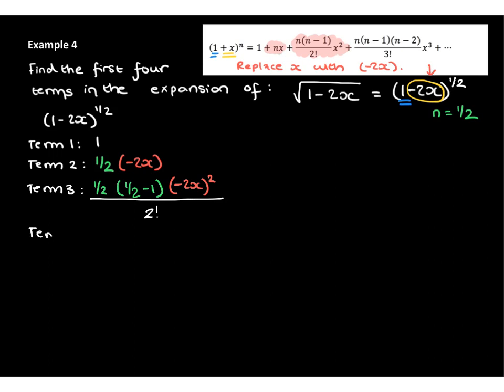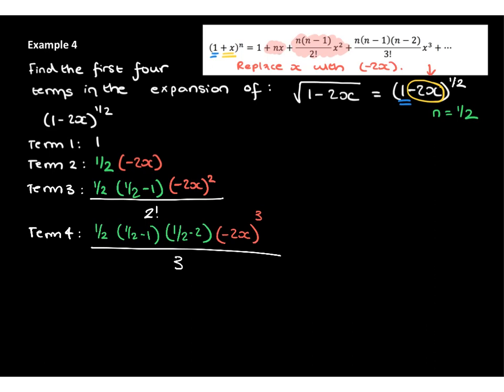And then we have term 4, which is n minus 1, n minus 2, multiplied by x, or negative 2x, which is our x replacement here, all to the power of 3, and then the whole thing is divided by 3 factorial. So just to clarify, I finished this term here as well.